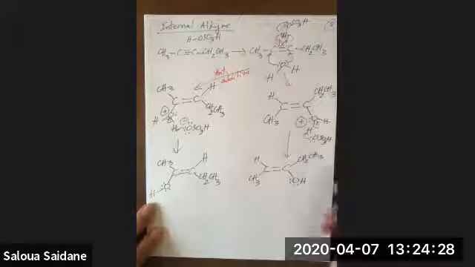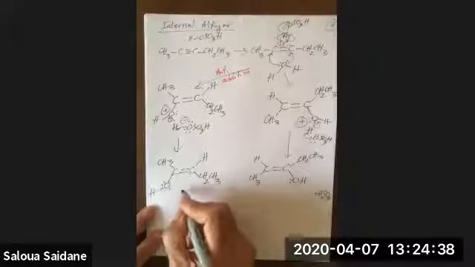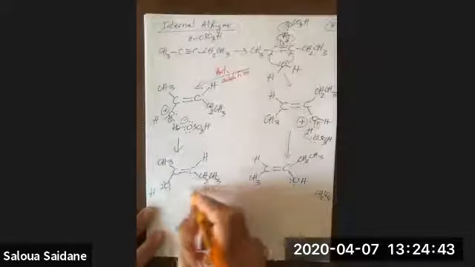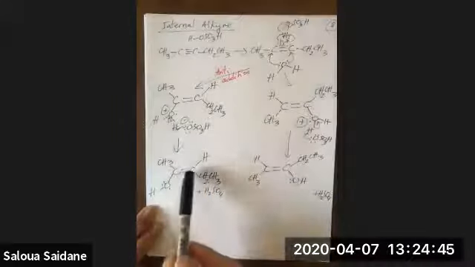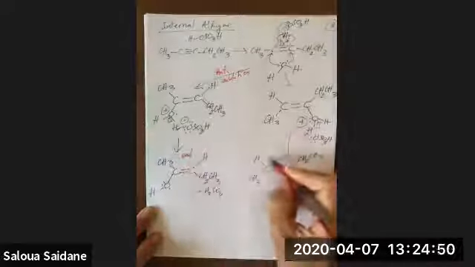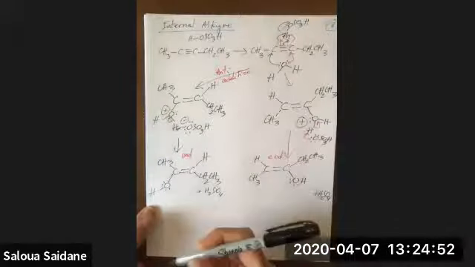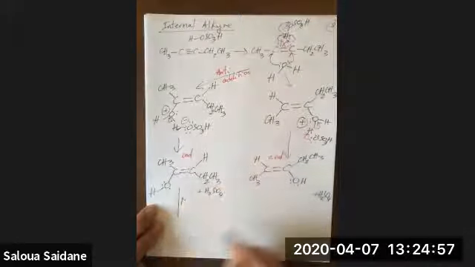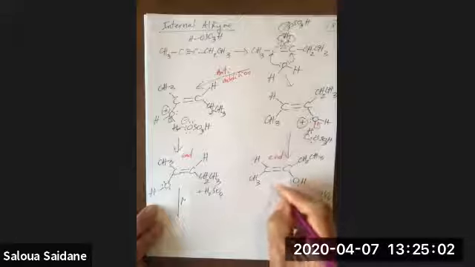And of course, in both cases, we have H2SO4, which is the catalyst, okay? But we know that this is an enol, and enols are not stable. So this side will give us the ketone, and this side also will give us the ketone.